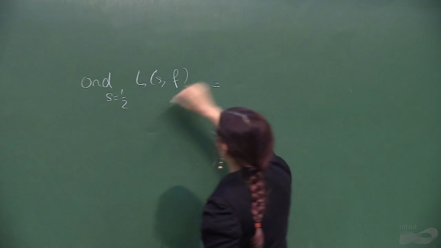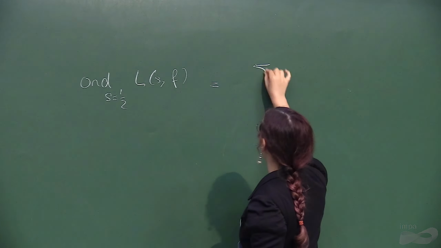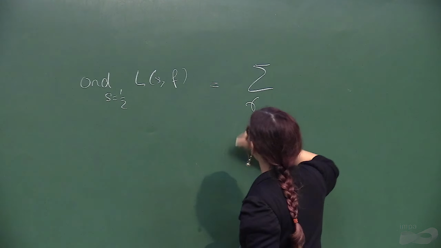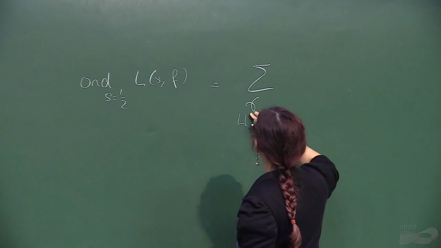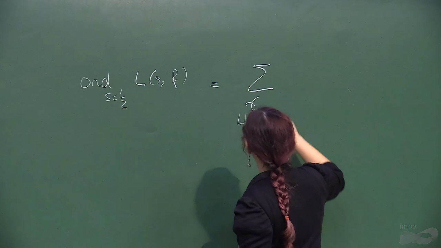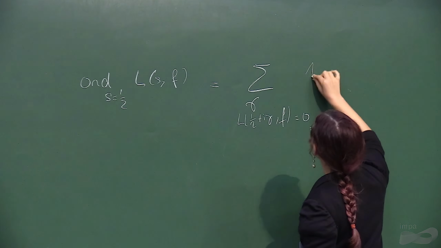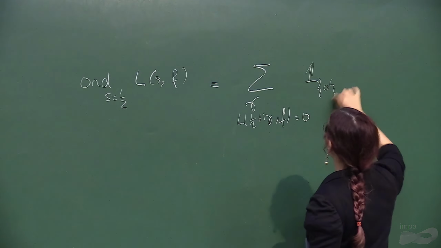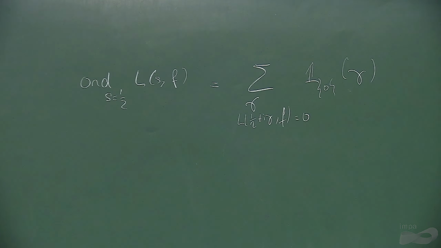So I'm going to write that the order of vanishing at 1/2 of the L function is the sum over the zeros of the L function, L(1/2 + iγ_F) = 0, of the indicator of 0 of γ, right?